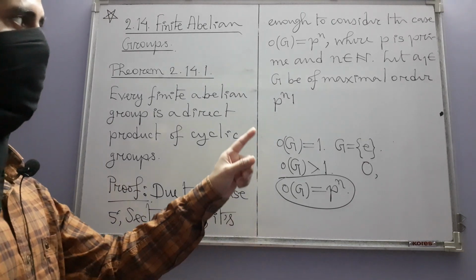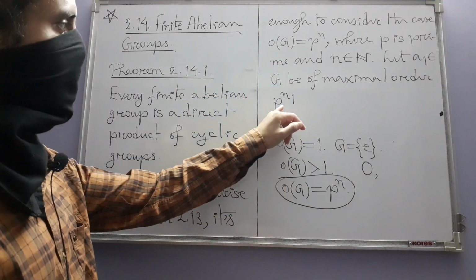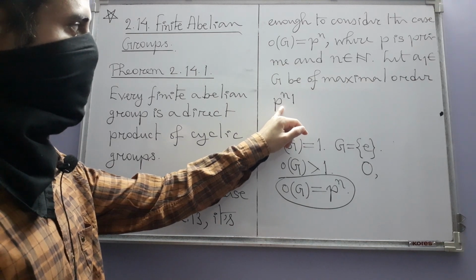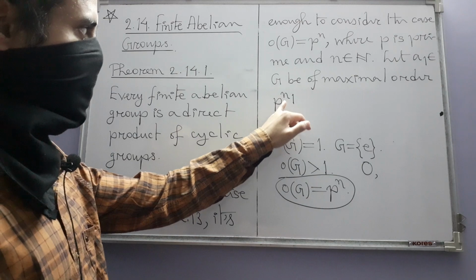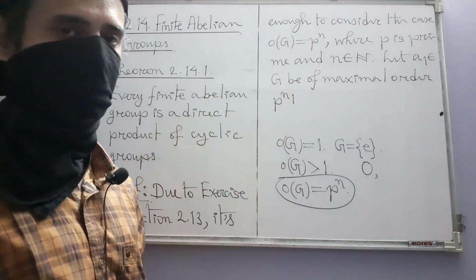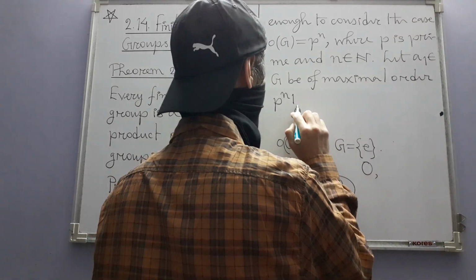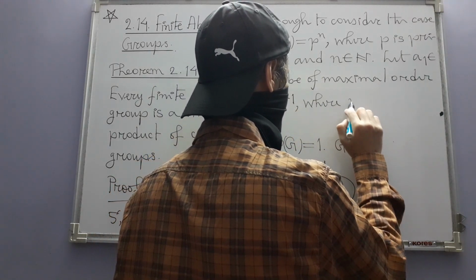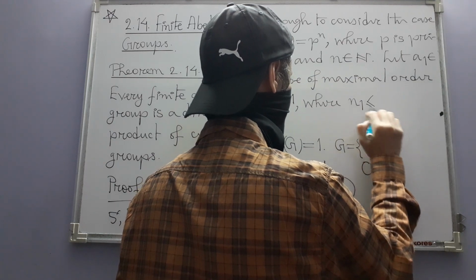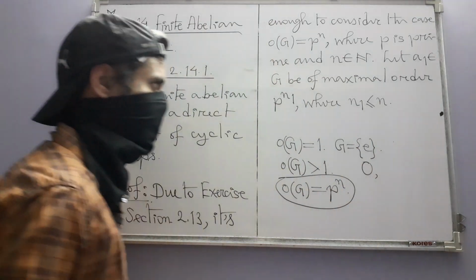Because the order of any element has to divide the order of the group, it also has to be some power of that same prime p. Further, this n1 is less than or equal to n. Let's write that also, where n1 is a non-negative integer, of course, and is less than or equal to n.